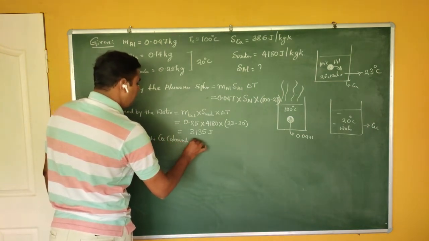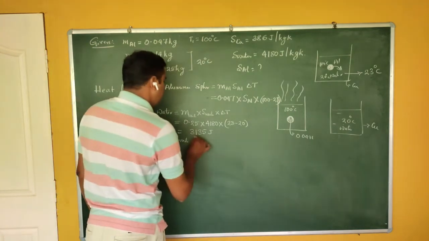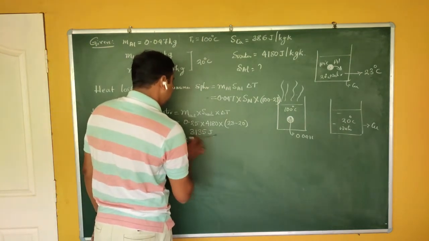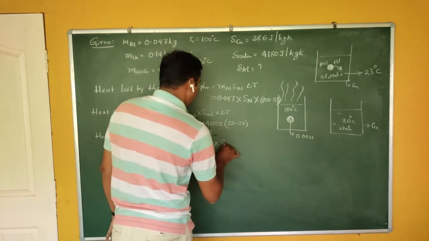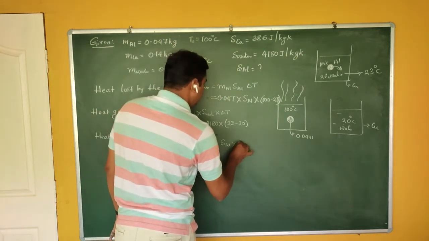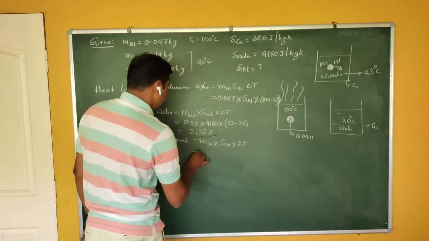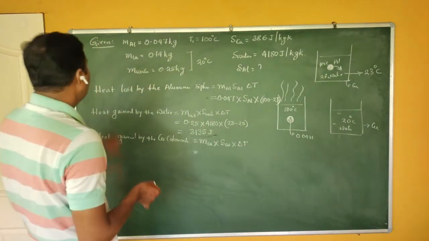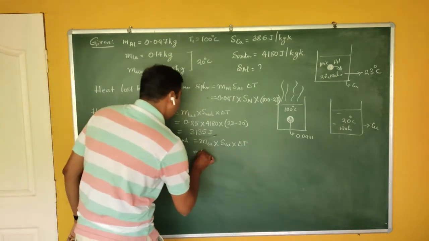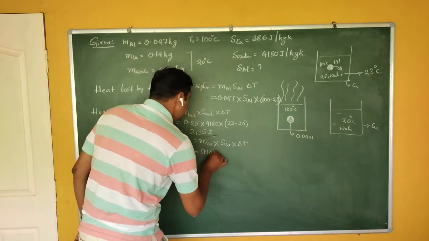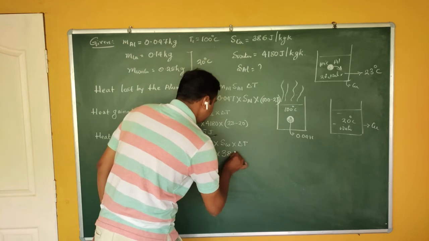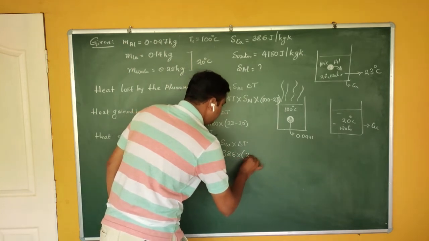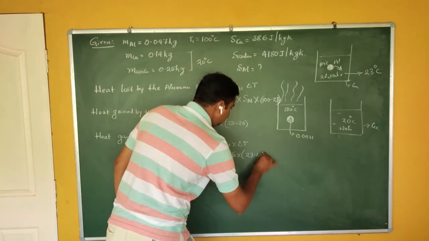Heat gained by the copper calorimeter should be equal to what? Mass of copper into specific heat of copper, again into the change of temperature. The mass of the copper is 0.14, into the specific heat of copper, which is 386, into the change of temperature, 23 minus 20.